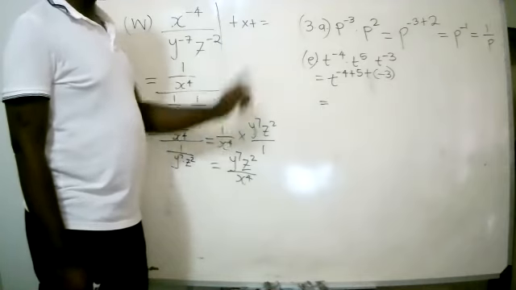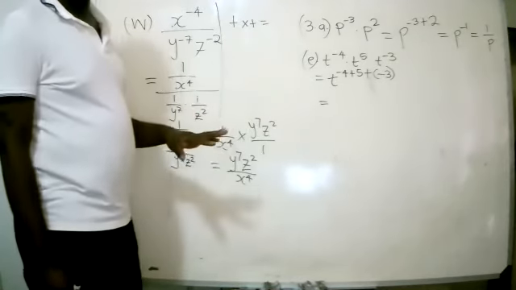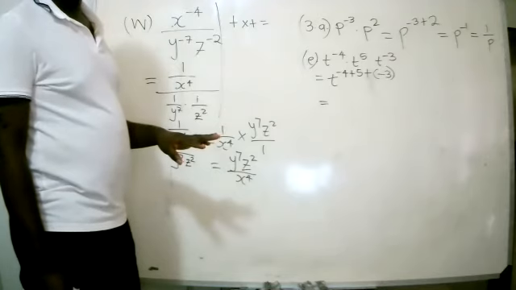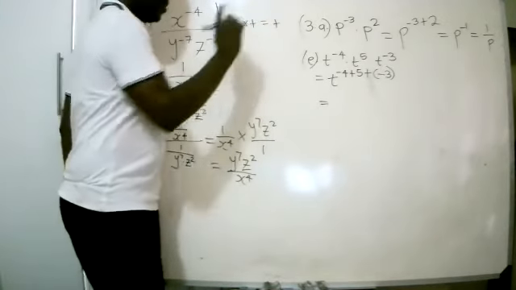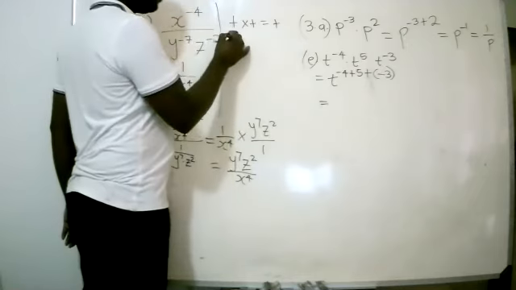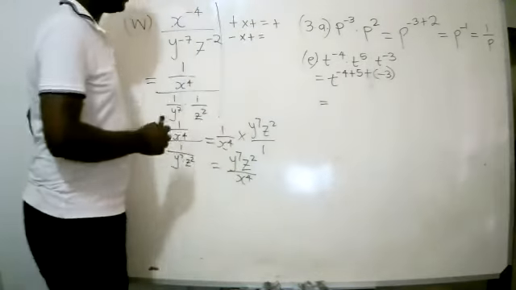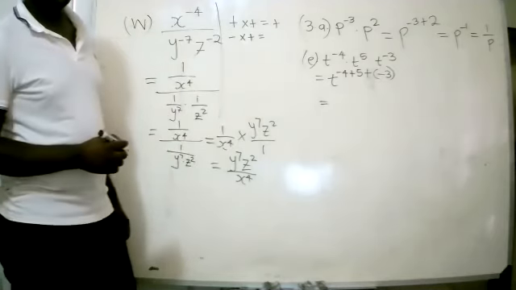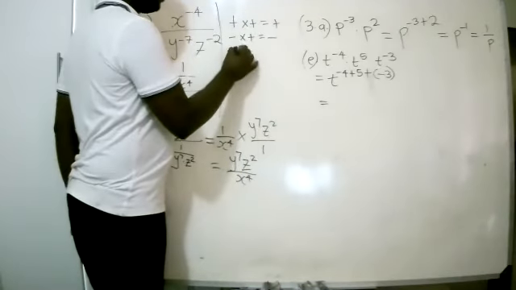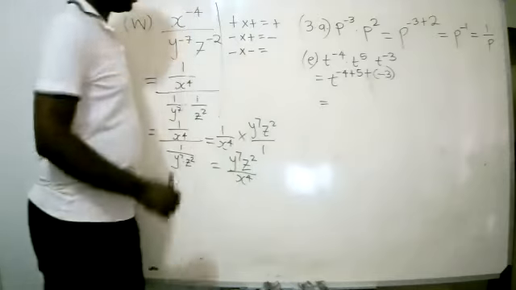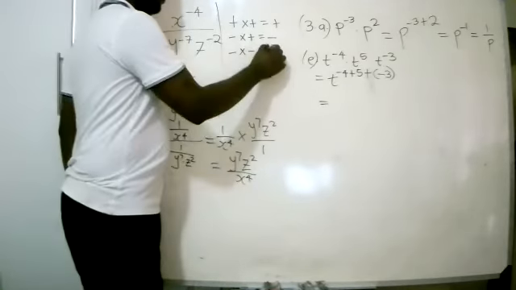Positive. You must remember all these things. What do you get when you multiply negative and a positive? Negative. When you multiply negative with negative, what do you get? Positive. Very true.